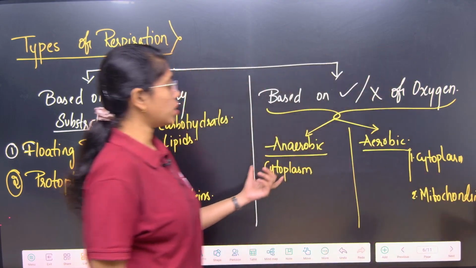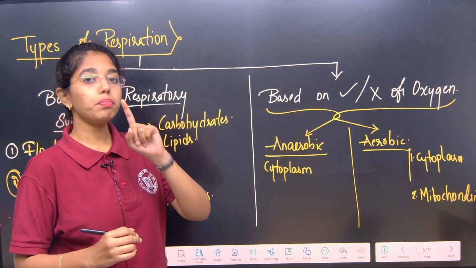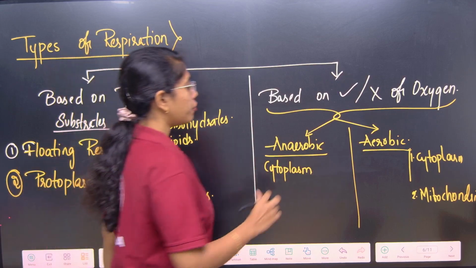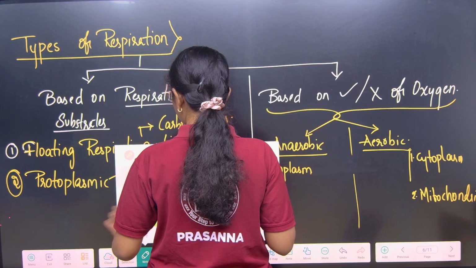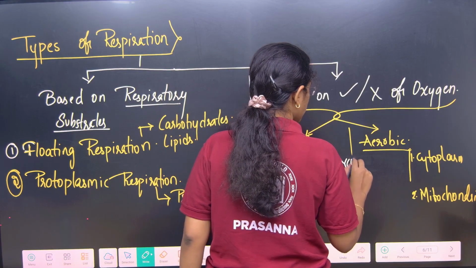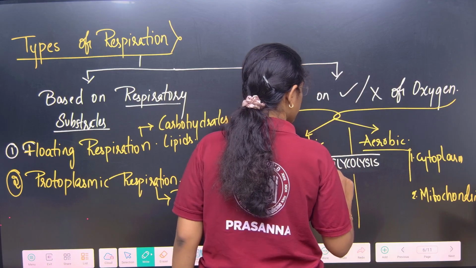So, here if you see aerobic respiration or anaerobic respiration, one pathway is common in both types. That first common step, which is present in both aerobic and anaerobic respiration, is glycolysis.